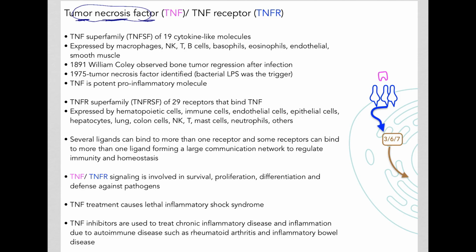And this name came, if you look at the history of this, in around 1891, when the physician William Coley observed patients who had certain bone tumors. These bone tumors actually disappeared, they regressed after they had certain infections. For example, he observed patients with a skin infection had their bone tumors regress. So that was kind of an interesting observation.